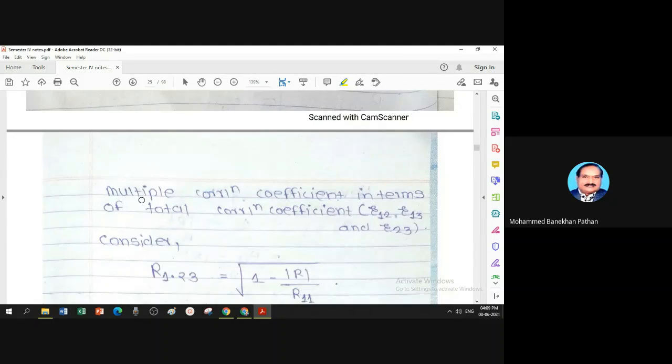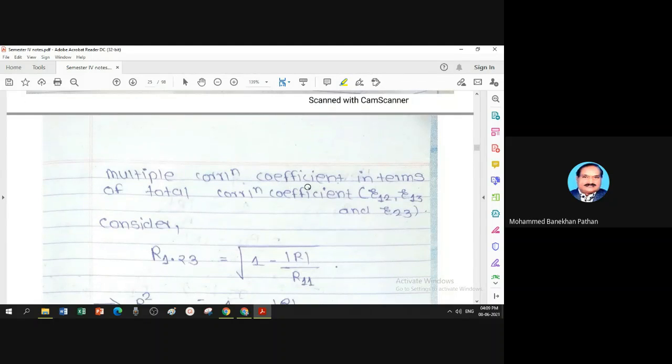What I do now is express this in terms of the total correlation coefficient. So the next topic is the multiple correlation coefficient in terms of total correlation coefficients. This expression we got, we'll try to transform in terms of R12, R13, R23. These are called total correlation coefficients. What do we mean by total here?